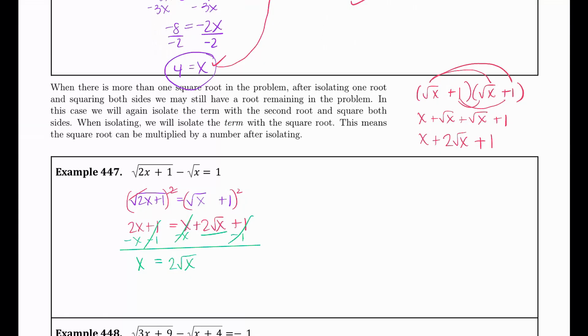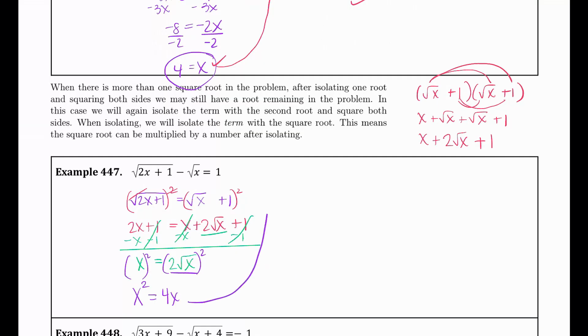All right, so we are going to square both sides to get rid of that square root. So I get x squared equals, if we square this, 2 square root of x squared, I'm going to get 4x, because that really means 2 square root of x times 2 square root of x, which gives me 4x.